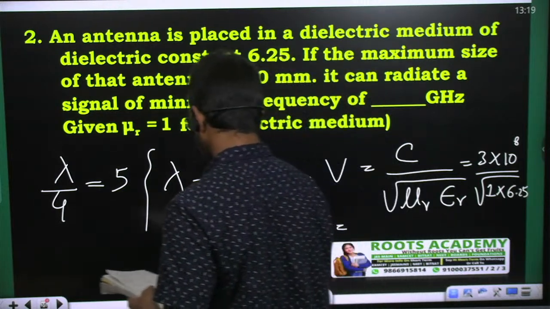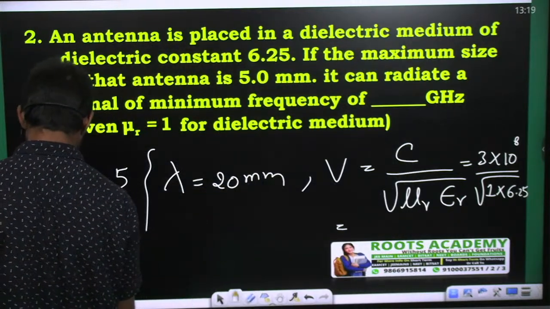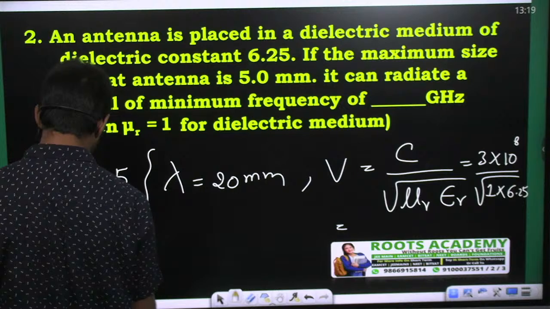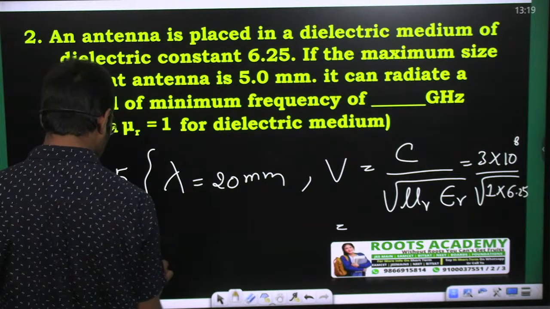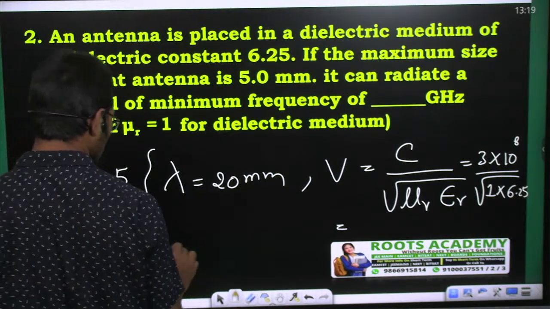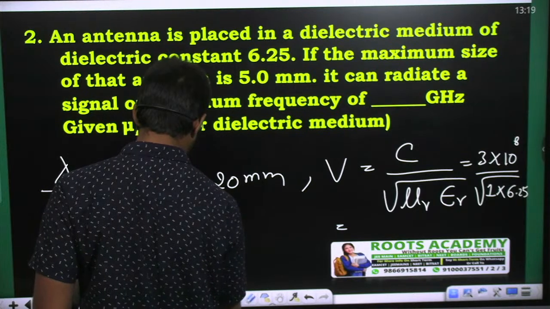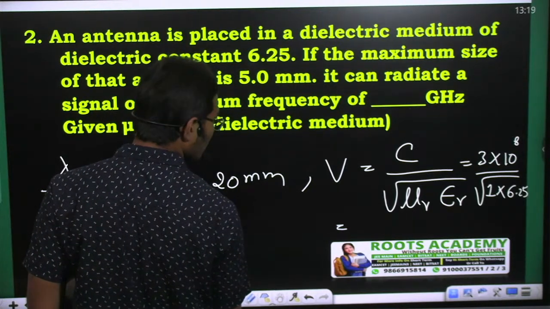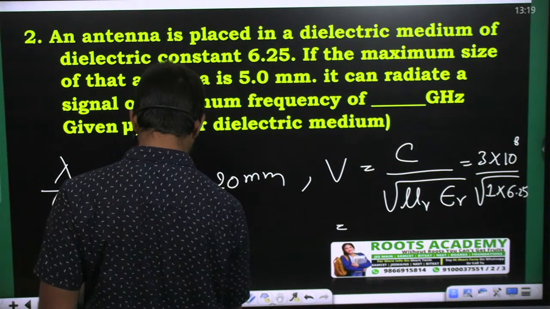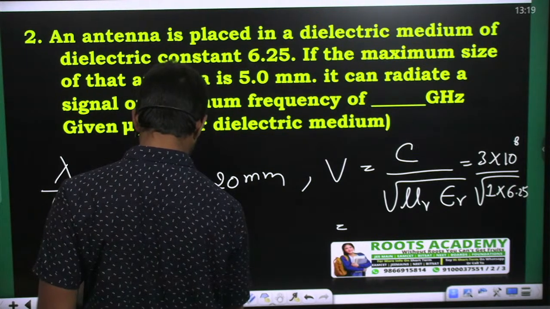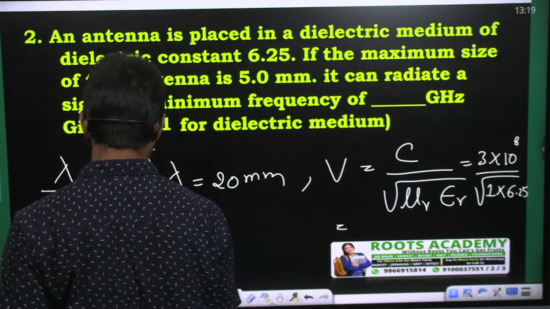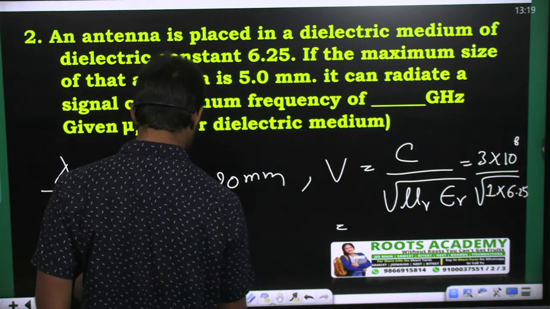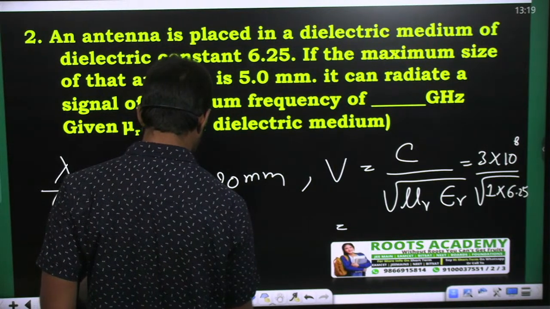So what is the frequency of radiation? F is equal to V by lambda. We got velocity as 3 into 10 power 8 by root 6.25, which is 2.5, into lambda, 20 into 10 power minus 3.